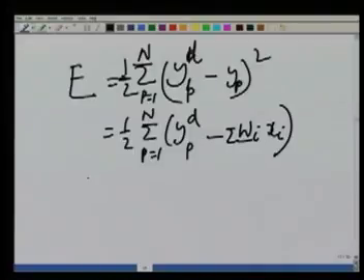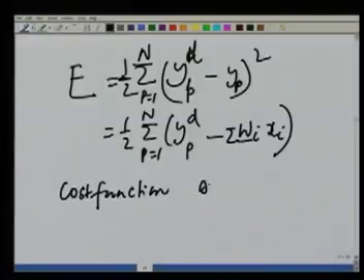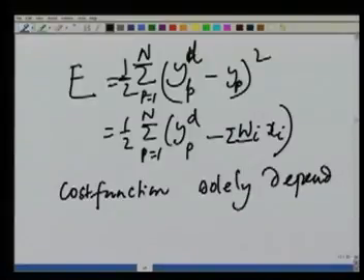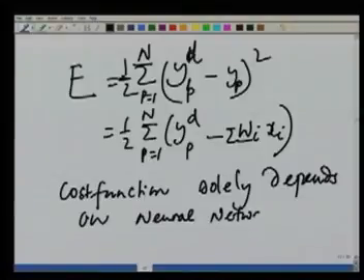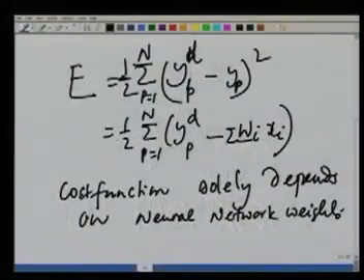So, in essence my cost function solely depends on neural network weights. All right.